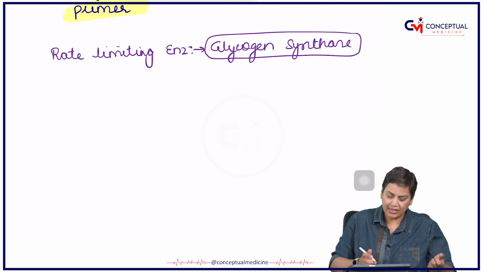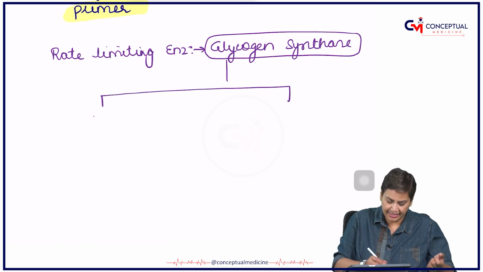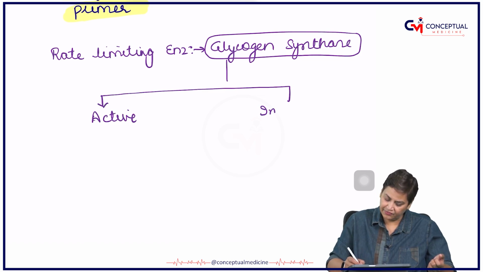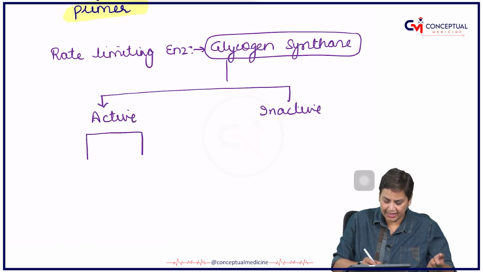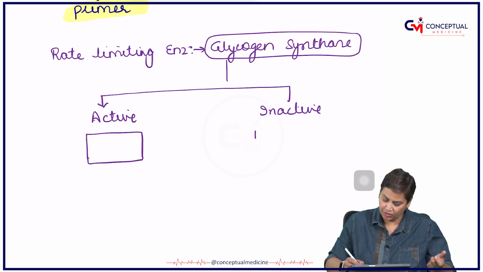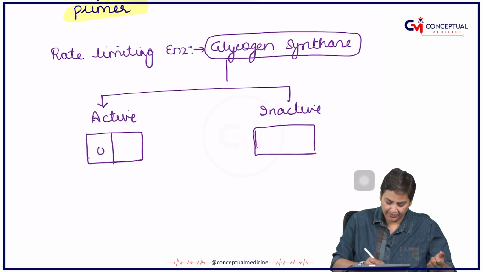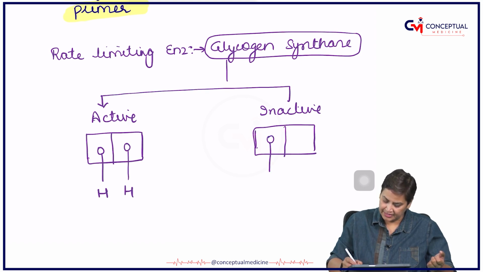Right? And glycogen synthase occurs in two forms. This we will be discussing again in detail, active and inactive forms. So for your knowledge sake, I will just draw the diagram of active and inactive. So, active is like this and inactive is like this.